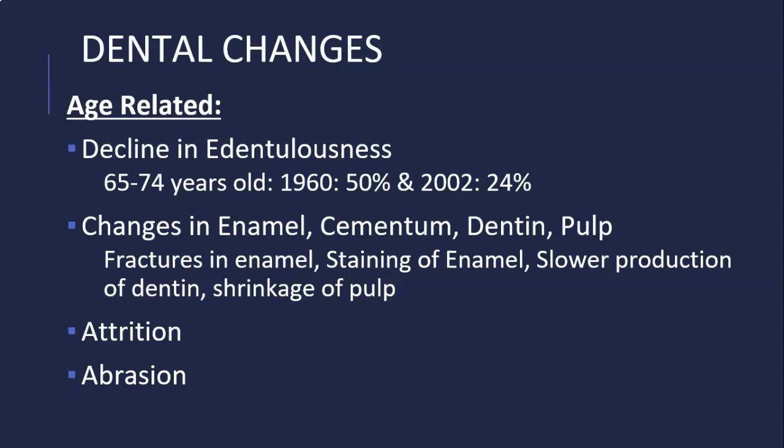I definitely should have updated that, because now we're at 20 years from 2002. So I'm not sure if it's decreased. I thought the last thing I saw was something in the teens, maybe 15 to 18% of those over the age of 65 being completely edentulous.